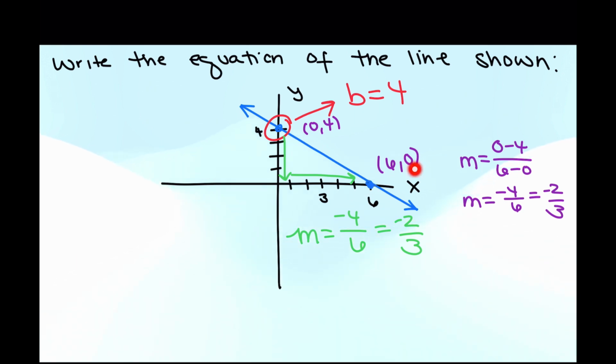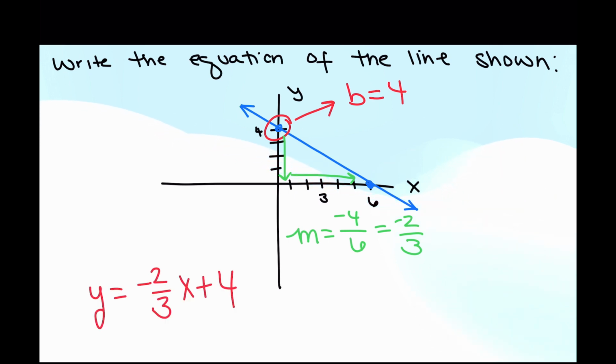So we could take y2 minus y1, 0 minus 4, divided by x2 minus x1, 6 minus 0, and that gives me the exact same slope, -4 over 6, which reduces to -2/3. So plugging that into my formula, y equals mx plus b, my equation turns into y equals -2/3 x plus 4.